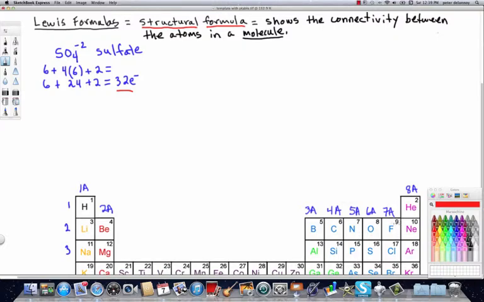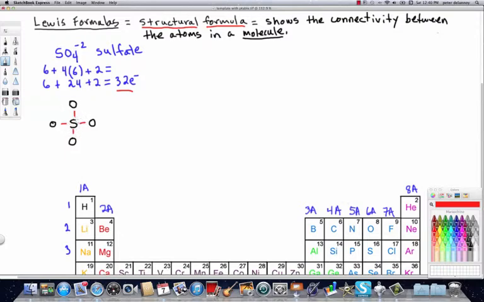Now, in this case, we're abiding by the octet rule. So I'll go ahead and draw my central atom, which is going to be the sulfur, and I'm going to put my oxygens around it like this. And we'll go ahead and connect everybody. All right, and you can see here we've used up 4 electrons.